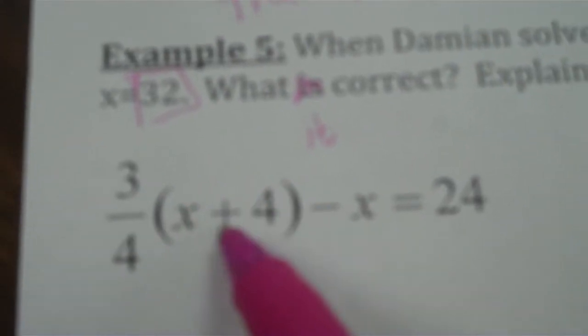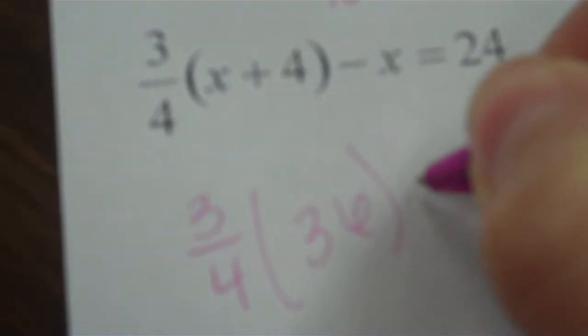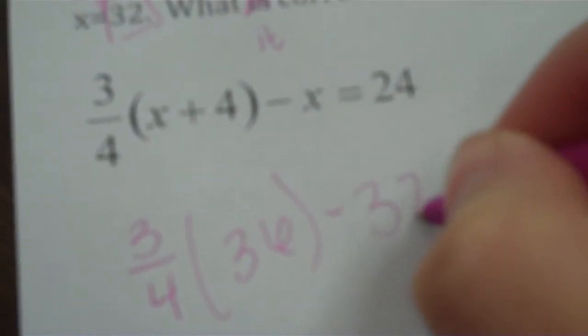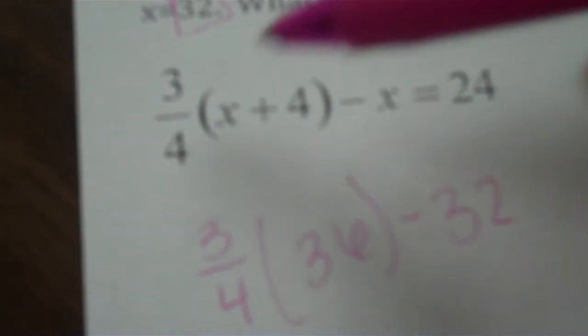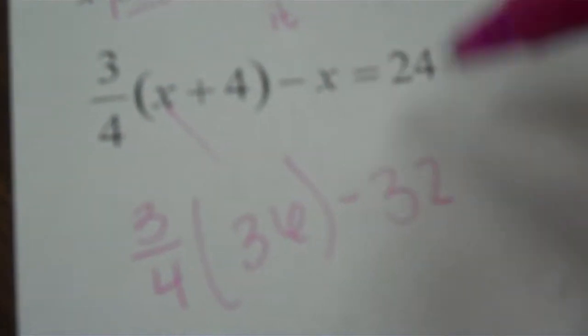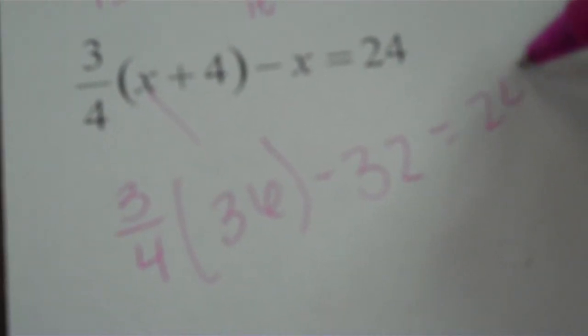What is 32 plus 4? Well, 32 plus 4 is 36. So 3/4, parenthesis, we got 36, right? Minus, instead of x he said was 32, right? So all I'm doing is I'm plugging in 32 for x, okay? Equals 24.